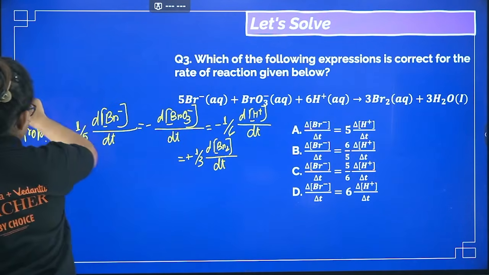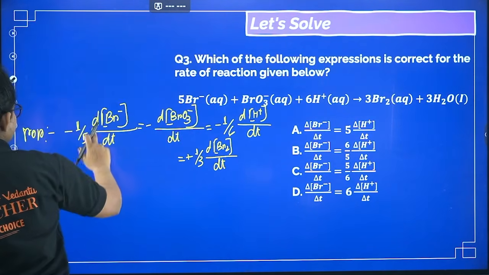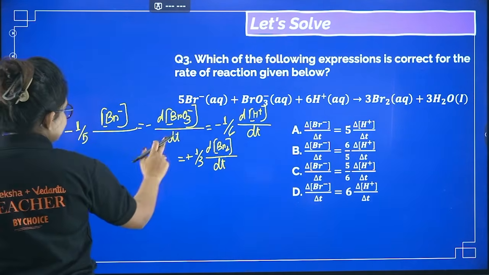Sorry, I wrote it in the form of differential equation. Just let me correct it with the delta, right?